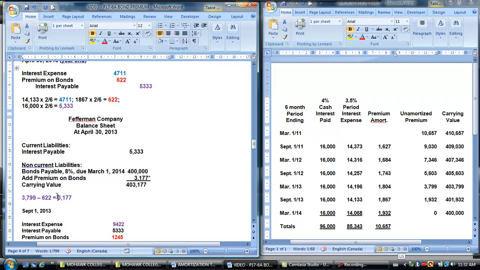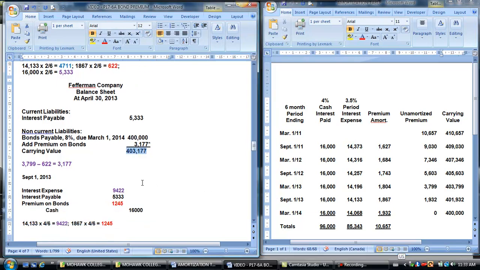So therefore, we're going to have unamortized premium of $31.77. So therefore, our carrying value of our bond will be $403,177. And again, it falls somewhere in between here, which is what we would expect, okay, because April 30th falls in between March the 1st and September the 1st. So this looks like we got a good number.